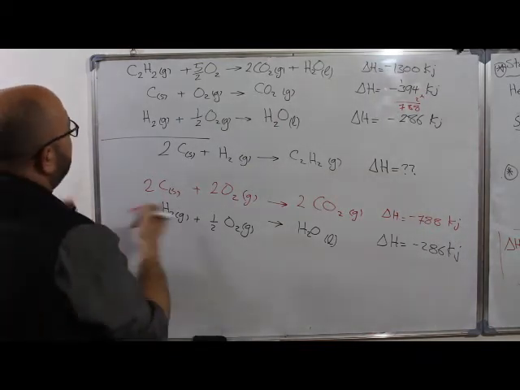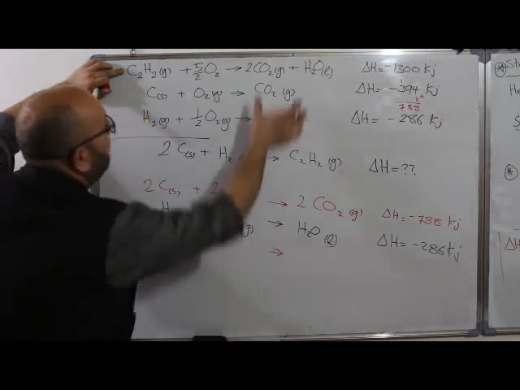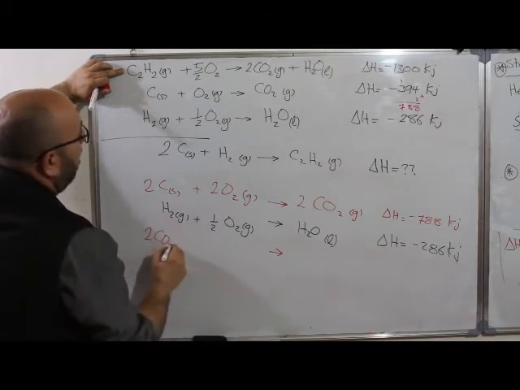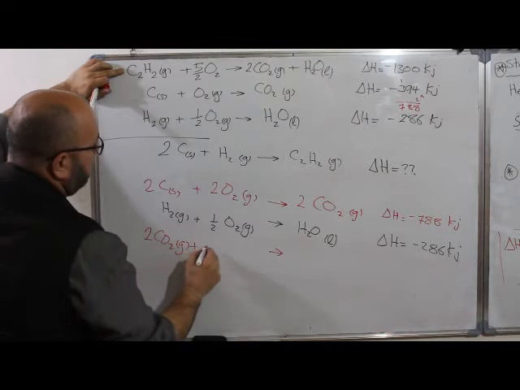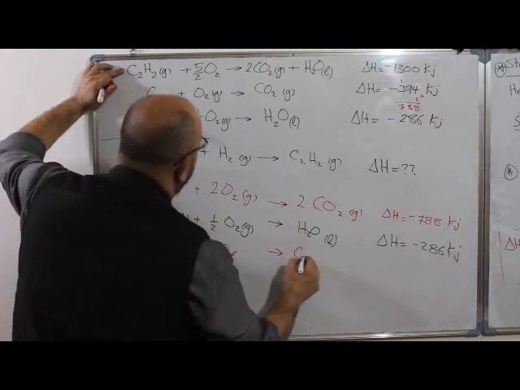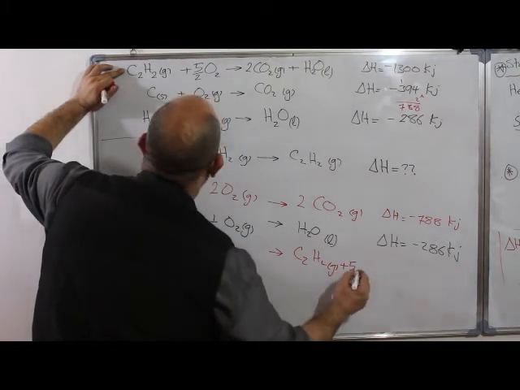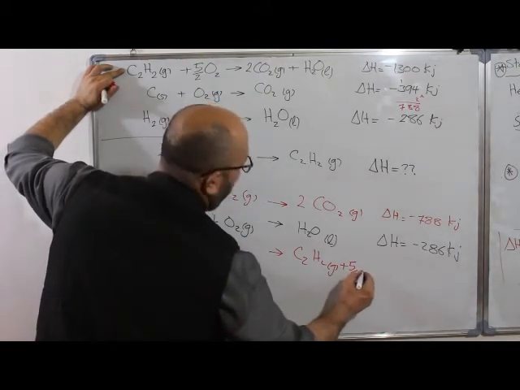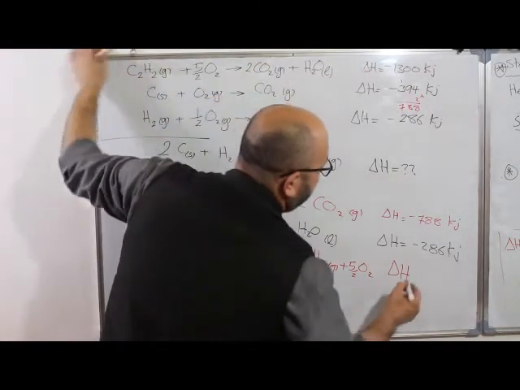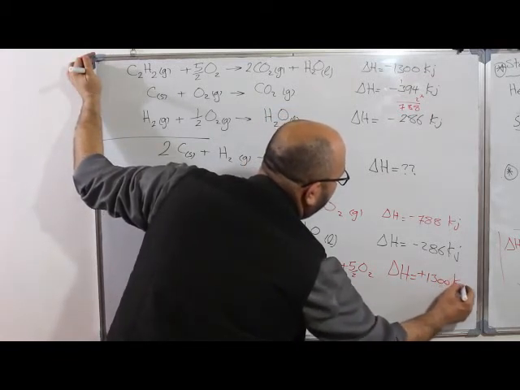The last equation is going to be flipped. Keep the arrow at the middle, make the products like reactants without any changes of coefficients, plus H2O as a liquid, and the other side is C2H2 as a gas, plus 5/2 O2, and delta H is turned to positive 1,300 kilojoule.